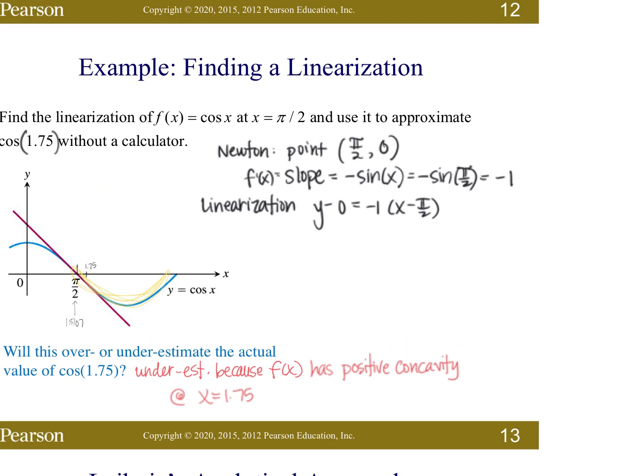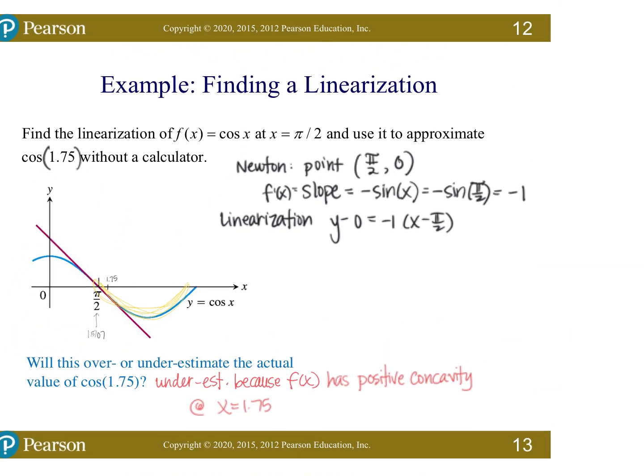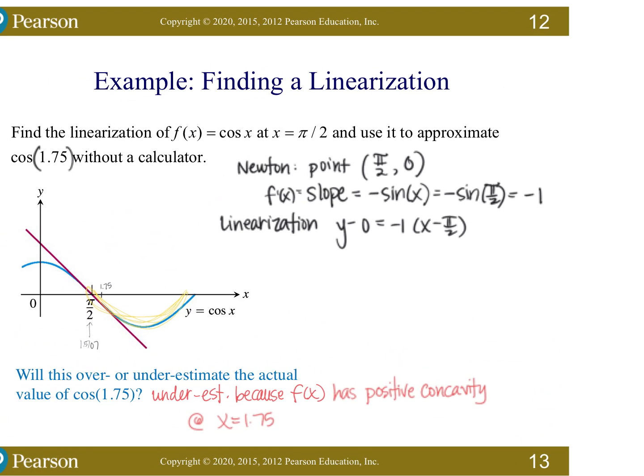Okay, so we know it's going to be an underestimate. So let's actually check it all the way. Now we're going to plug in 1.75 into our equation. So y equals negative 1 times 1.75 minus pi halves. In other words, 1.75 minus 1.57.